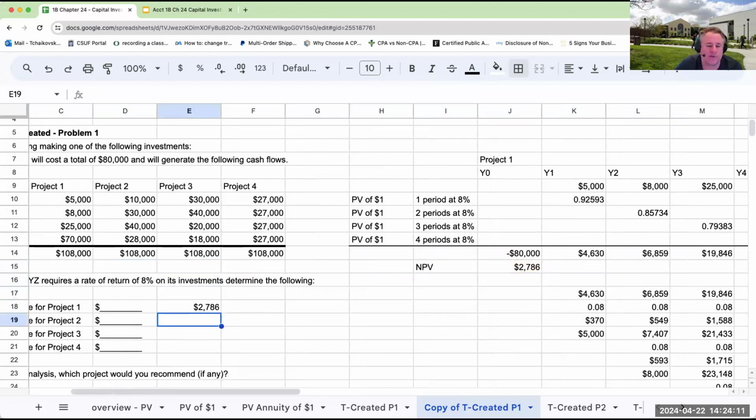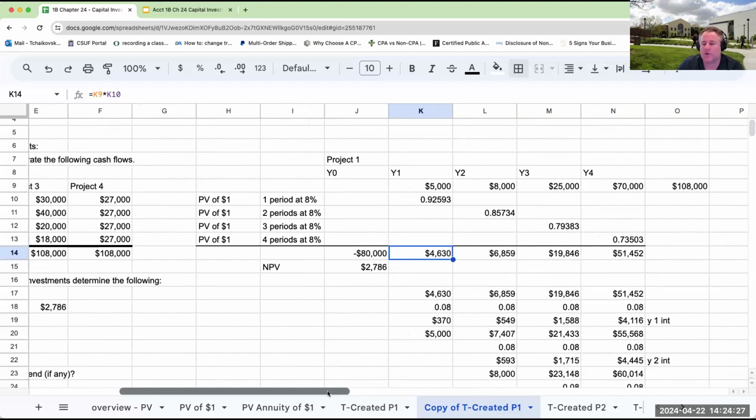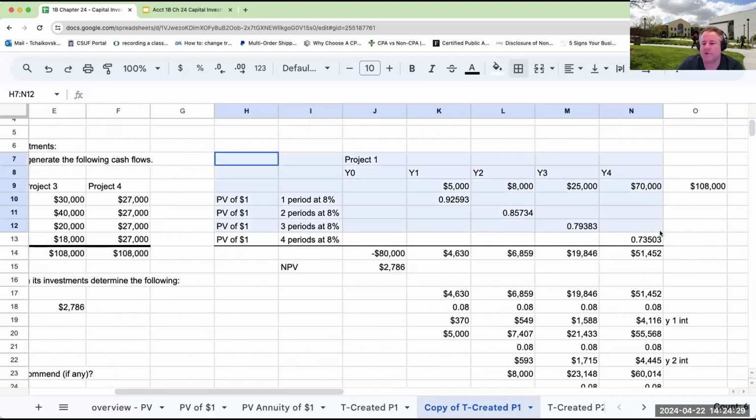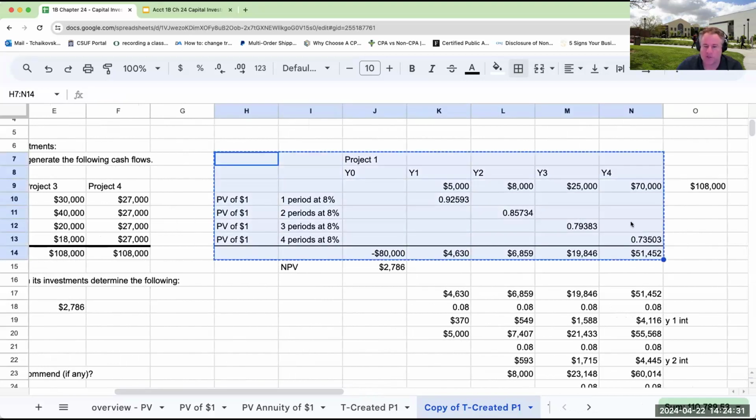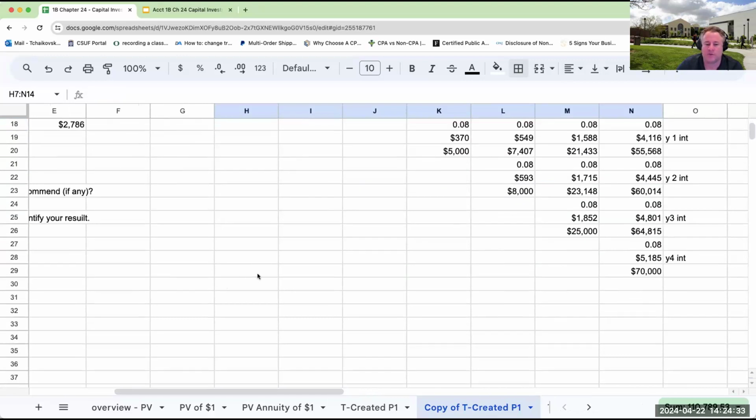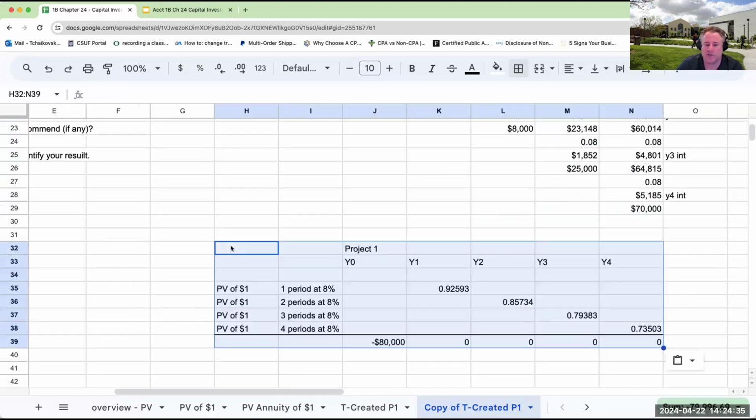So that's the net present value of the future cash flows. The present value would basically refer to bringing these back into today, but the net present value is subtracting out the cost of the investment. So now let's go through, because we've done this now for project one. This should be a little bit easier to do for the rest of the projects.